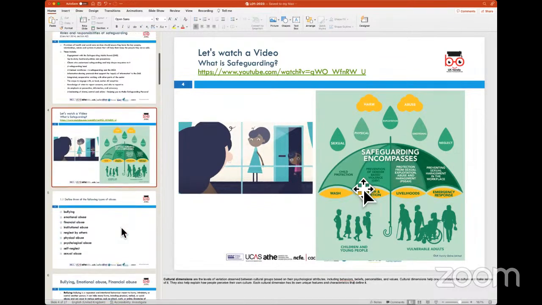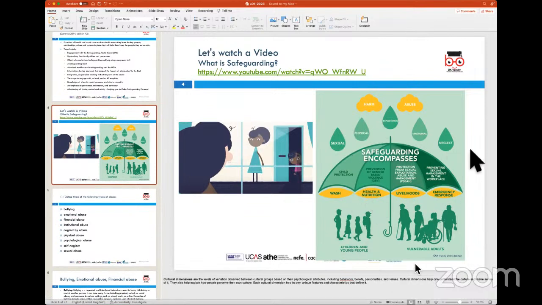Now, when we look at safeguarding, it covers all these aspects. So safeguarding encompasses child protection, prevention of gender-based violence. We are looking at protecting people from sexual exploitation, abuse, and harassment. We are looking at, obviously, taking care of people and providing help in the case when they are neglected.